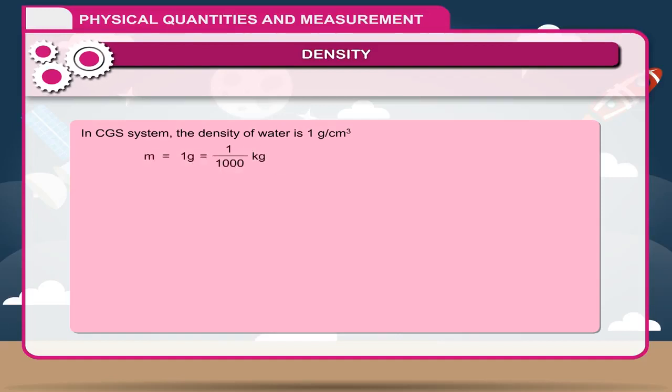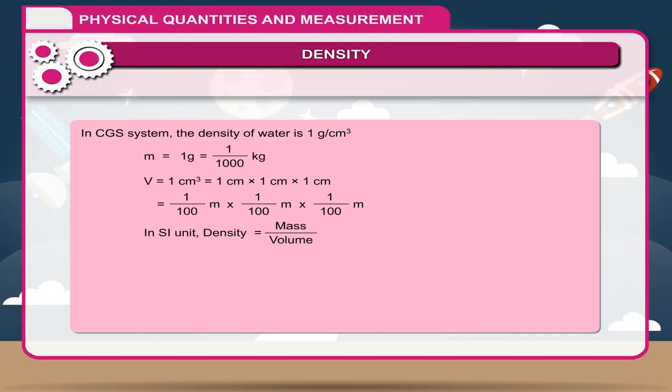Here, m is equal to 1 gram, which is equal to 1 upon 1000 kilogram. V is equal to 1 centimeter cube, which is equal to 1 centimeter into 1 centimeter into 1 centimeter, which is equal to 1 upon 100 meter into 1 upon 100 meter into 1 upon 100 meter.